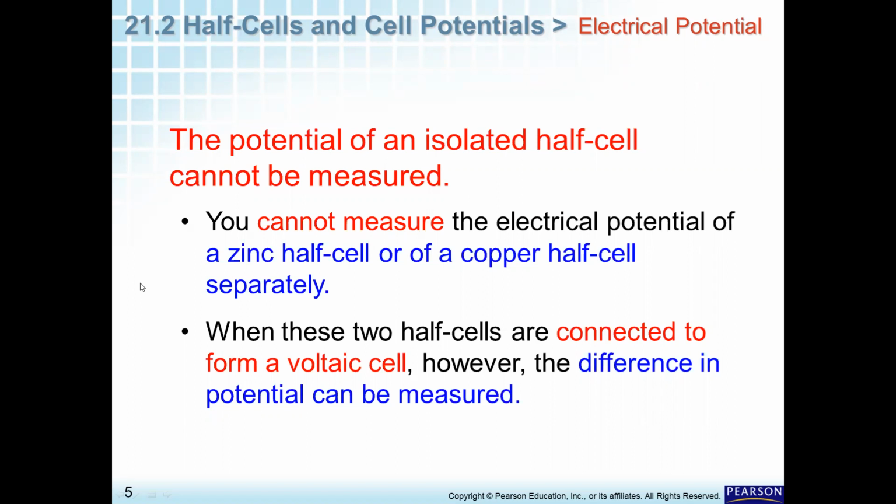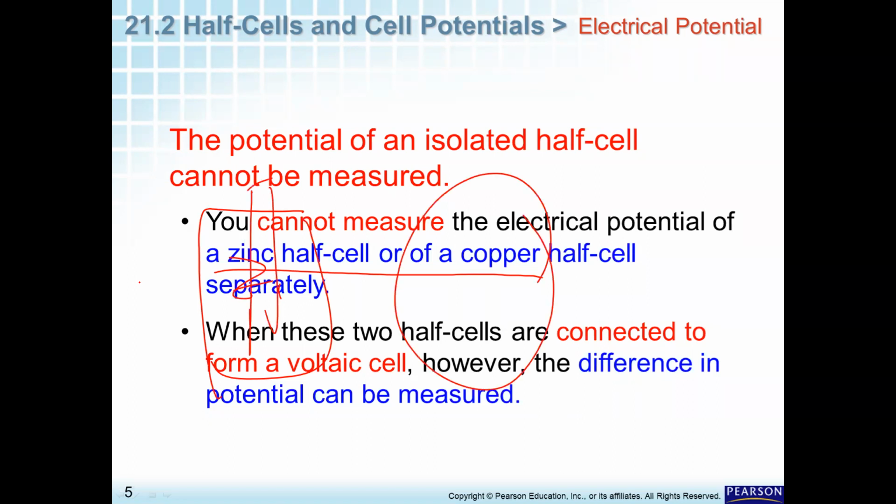Having, for example, the zinc half cell by itself, that will not be possible to measure. If you have the zinc over here with the electrode and everything, but there's nothing in there, how would you measure the electrical potential of the whole cell, or even for that one? That is going to be impossible.